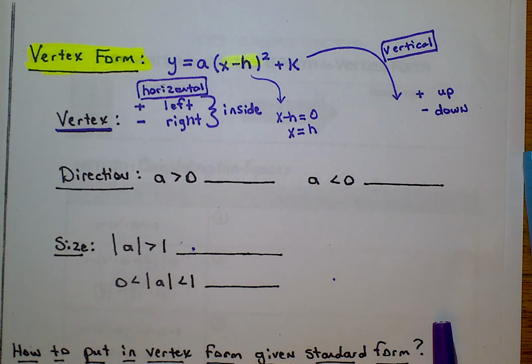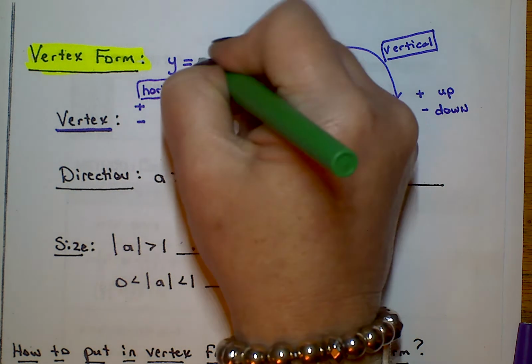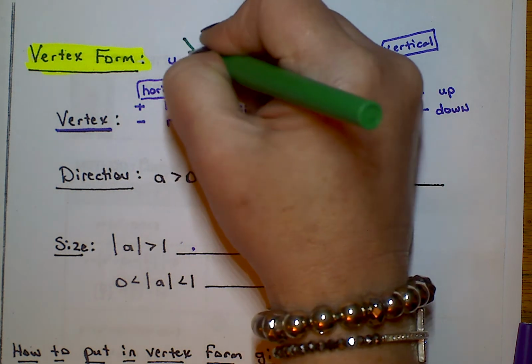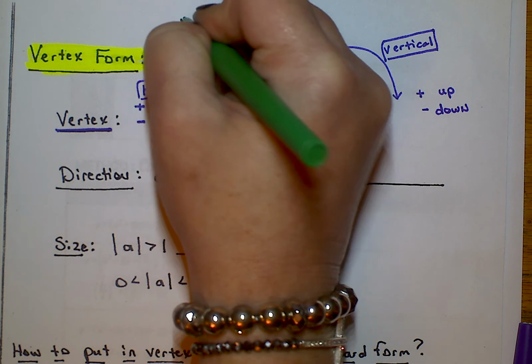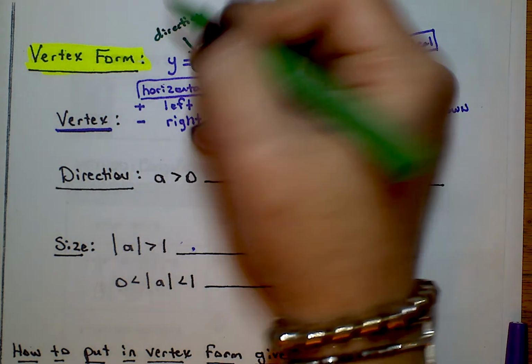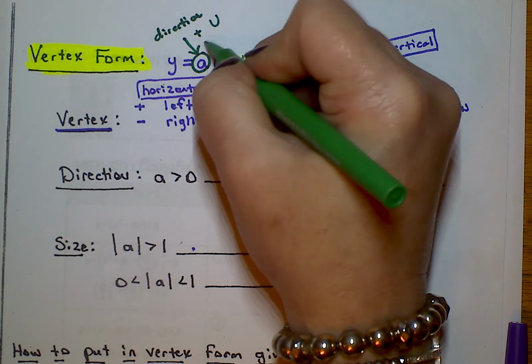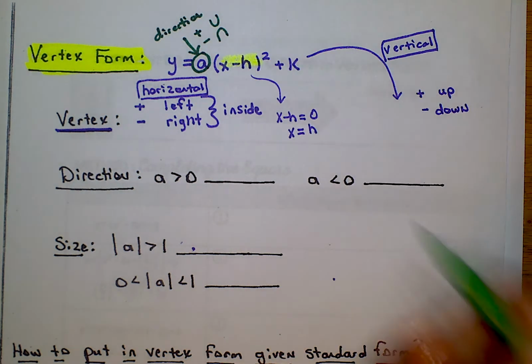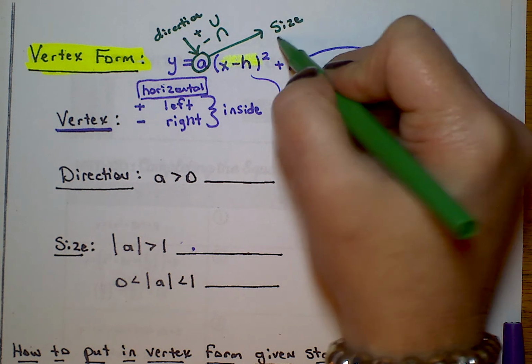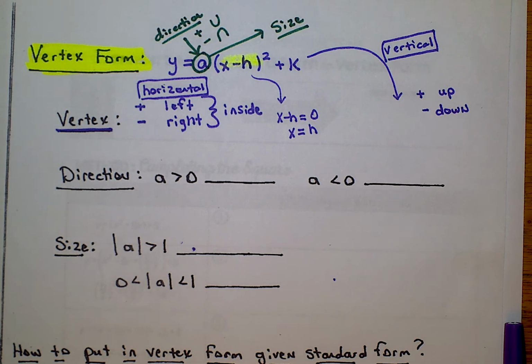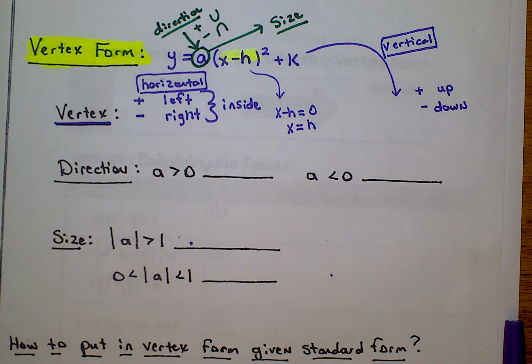Okay, and the last one is this a right here. That affects your direction. Remember, if it's positive, it goes up. If it's negative, it goes down. And it also affects the size, whether it's going to be skinny or wide. Okay, so your a is going to affect that too.